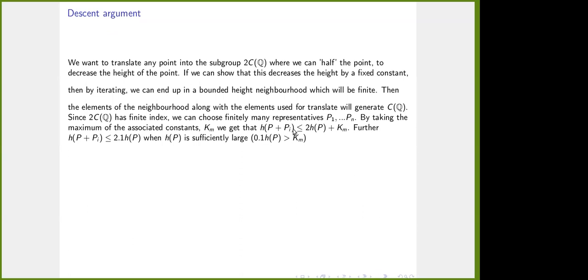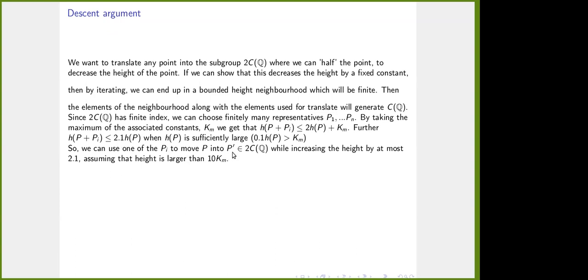Okay, so basically this 2.1 instead of 2 is to get rid of that constant, assuming that my point is sufficiently far away from the origin. That 0.1 of the height will be greater than the constant. So the translations will always be less than 2.1.